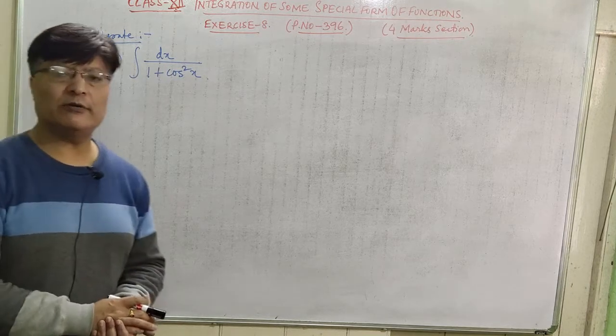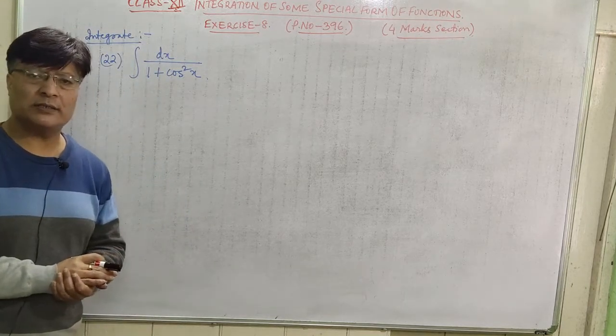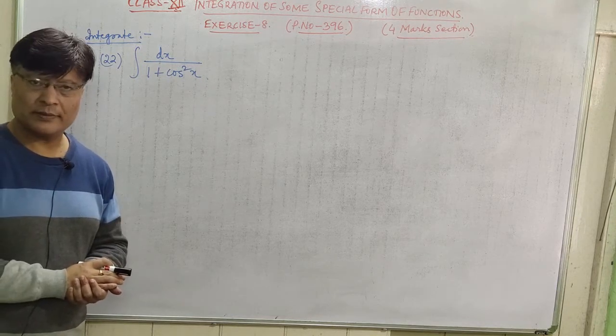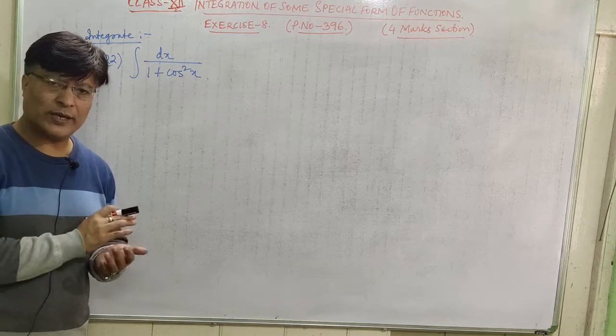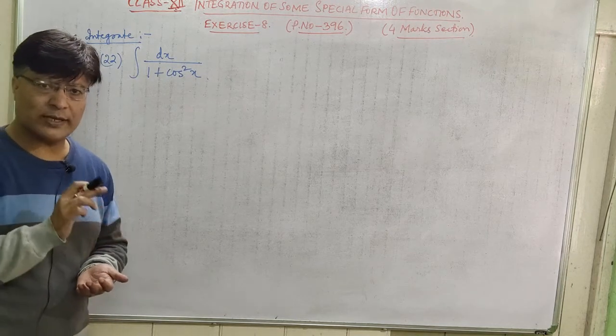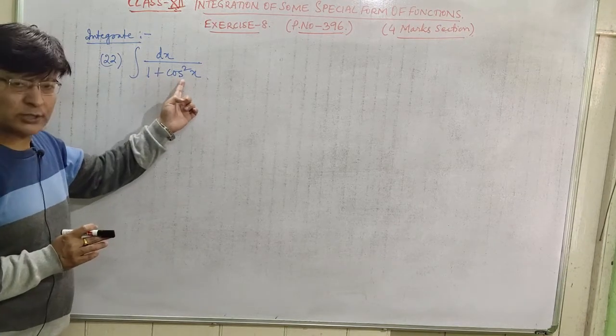So how can you evaluate this integration? In this case, we can use the method as we have done in the previous problem. Is that clear? That is, we have done integration of the form integration of dx divided by a sin square x plus b cos square x. But in this case, we have 1 plus cos square x.